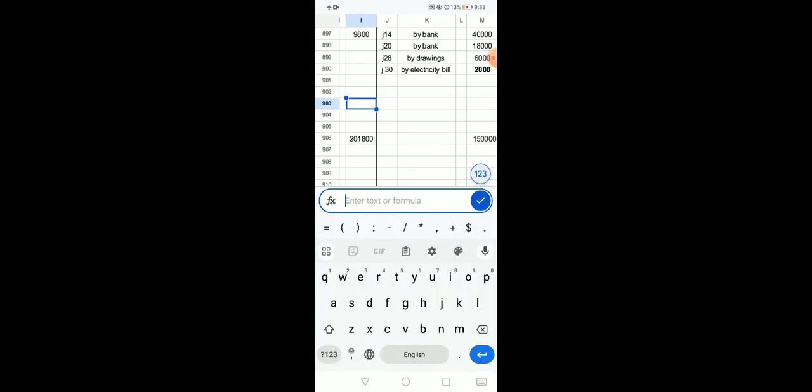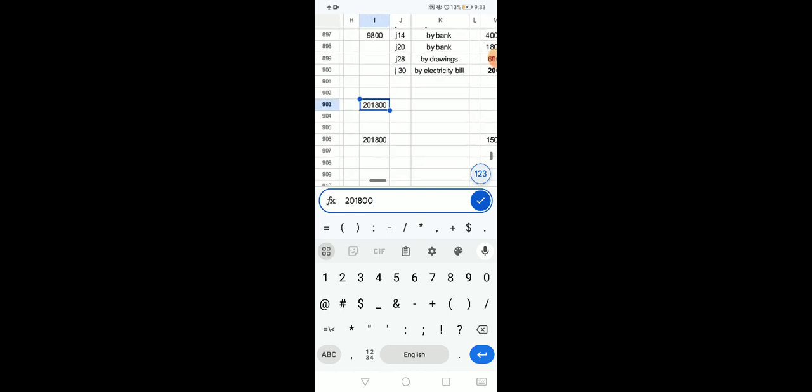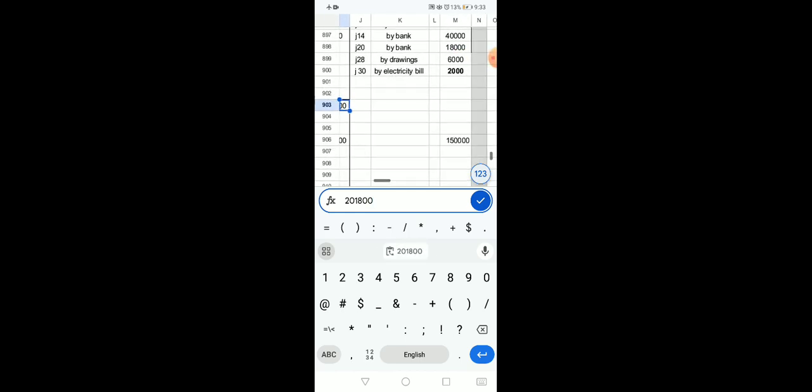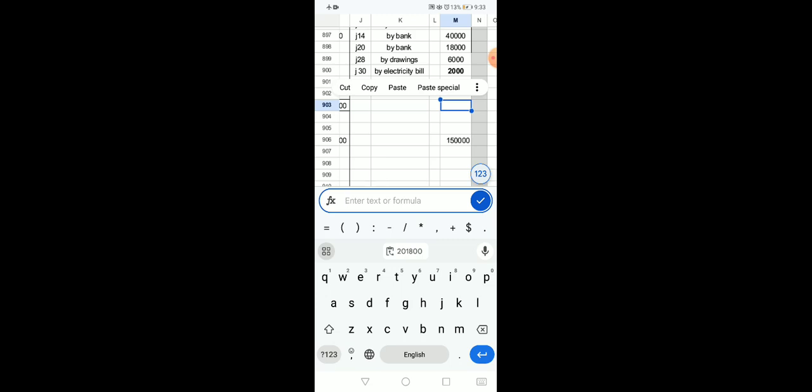Here you will write 2 lakh 1,800, 2 lakh 1,800, and put the same amount on the opposite side as well. Here you might object that the total of this side was 150 and we have put 2 lakh 1,800 over here. This is the procedure and you will follow it, and at the end of balancing this ledger you will come to know what we are going to do.